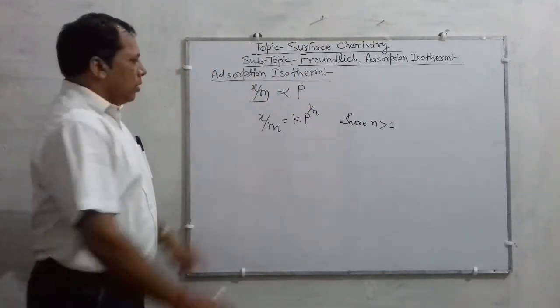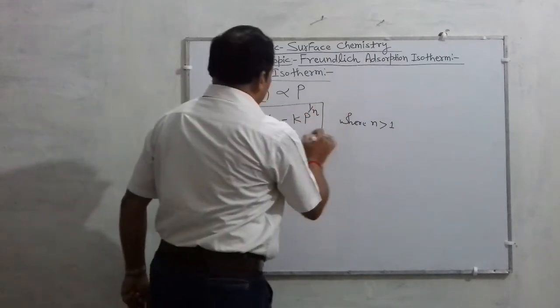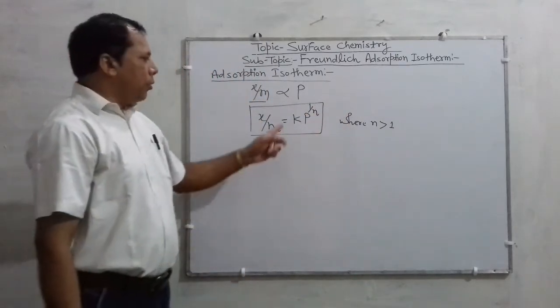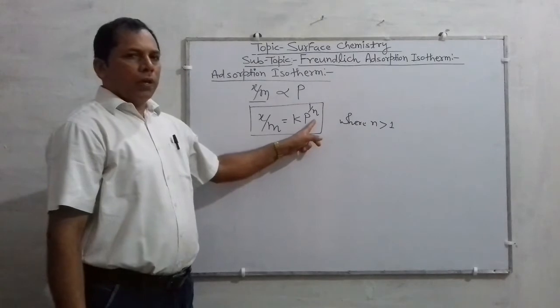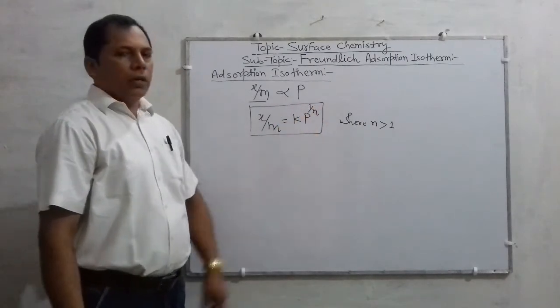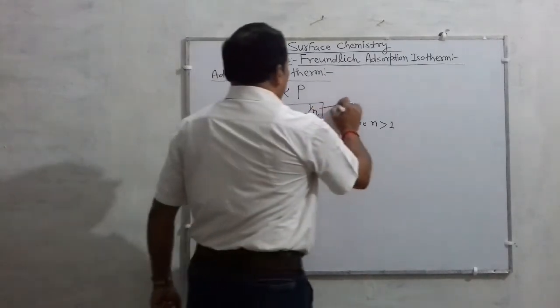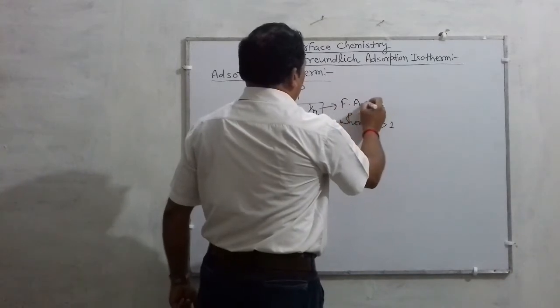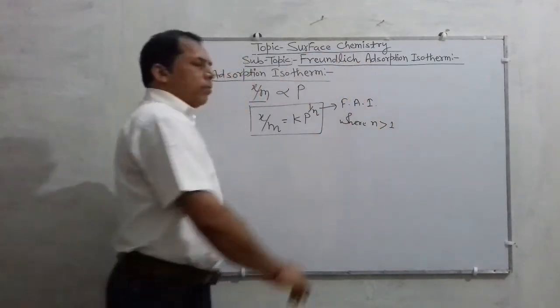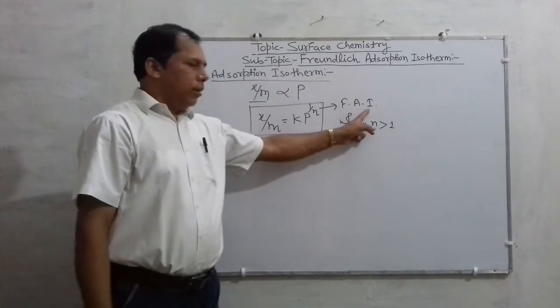Listen, this expression x upon m equals k p to the power 1 upon n is called Freundlich adsorption isotherm, in short FAI.